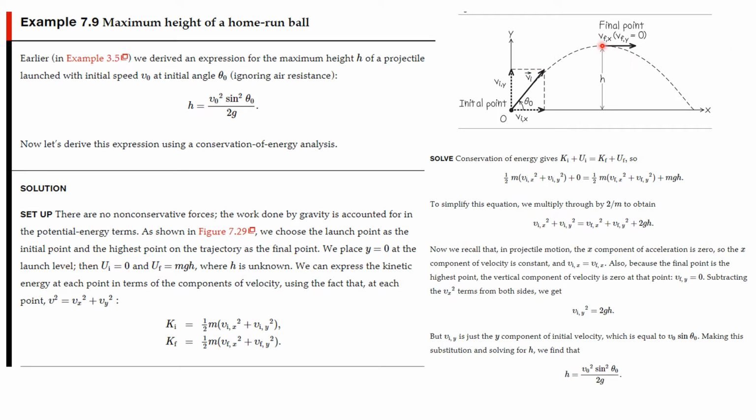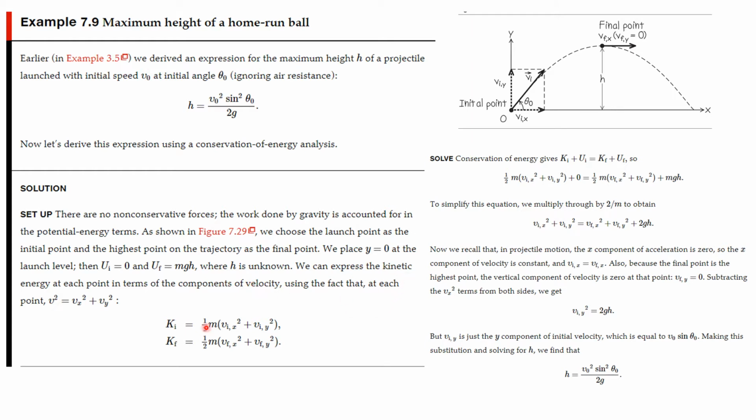So here's the final point, there's the initial point. We place y equals 0 at the launch point just for convenience to make the calculation easier. And so the gravitational potential energy changes from an initial value of 0, and it goes up to mgh, where h is unknown.